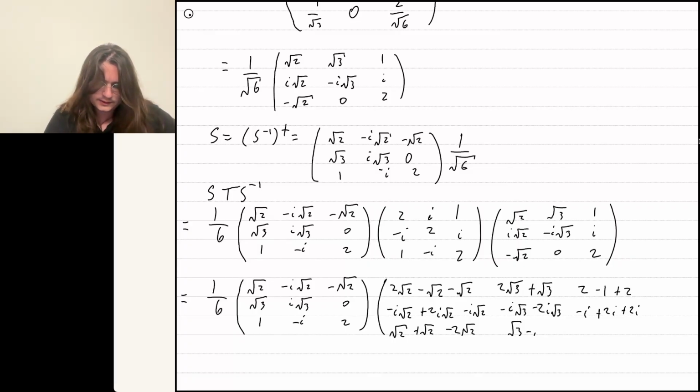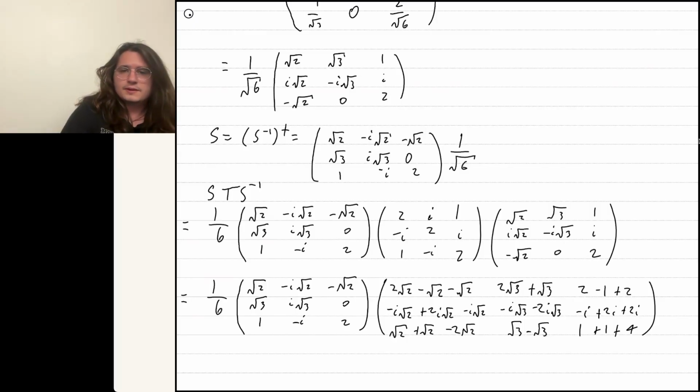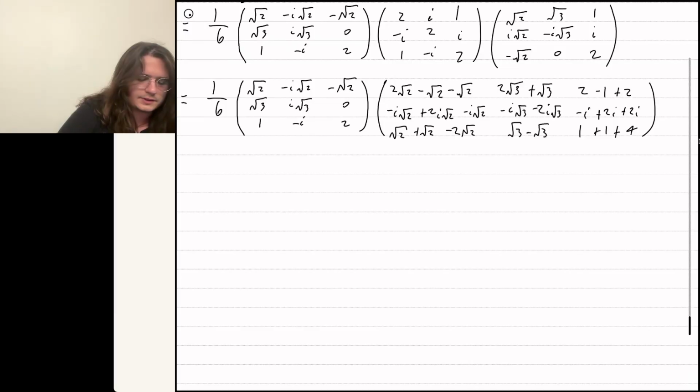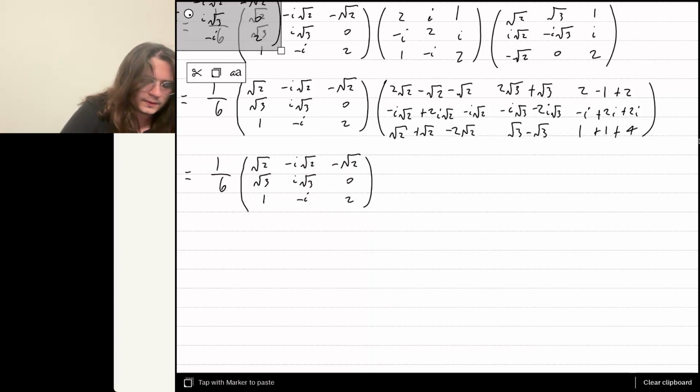That's what it is. And then the last element of that is 0, and then it's 1 plus 4. Okay. Arithmetic, everybody. Or I guess it is matrix arithmetic, so I can't be too upset that it ended up being complicated.